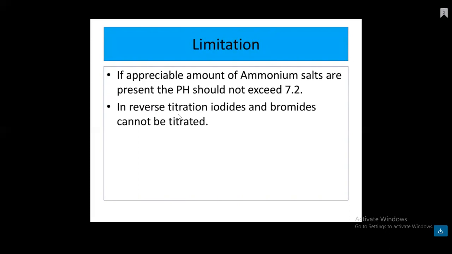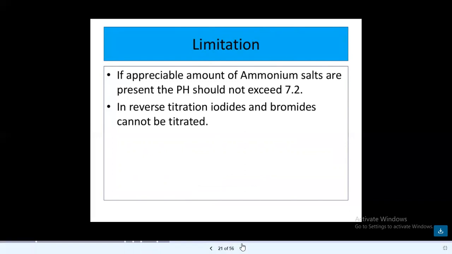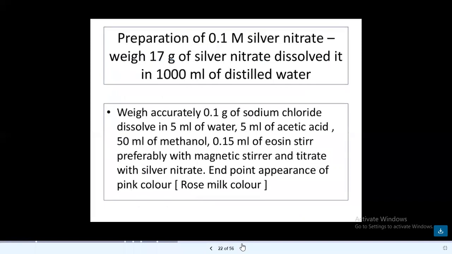But we reverse these two things, that is, in the solution of silver nitrate, if we add the sodium chloride and iodide or bromide, then it produces different errors in the reaction. It is not possible. So reverse titration is not possible in case of Mohr's method.